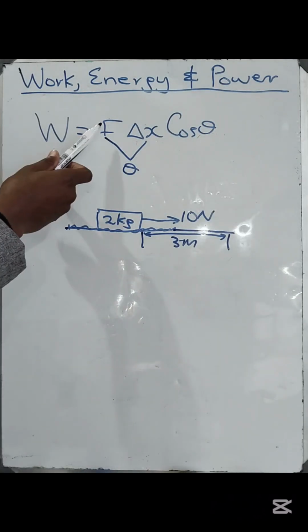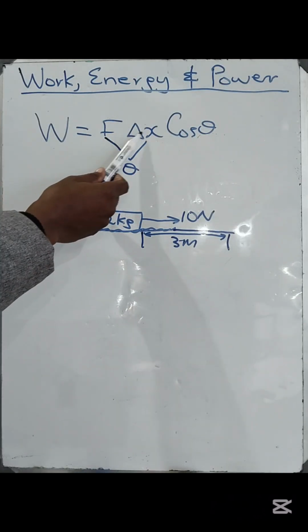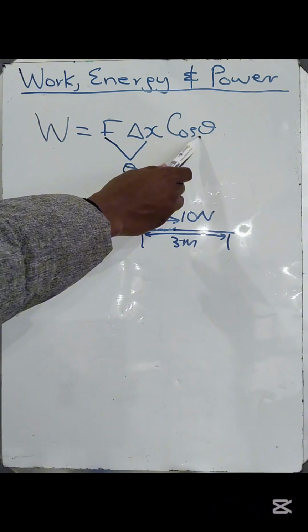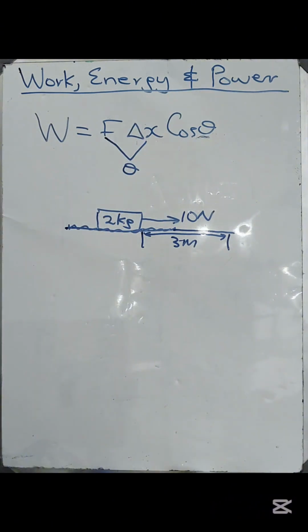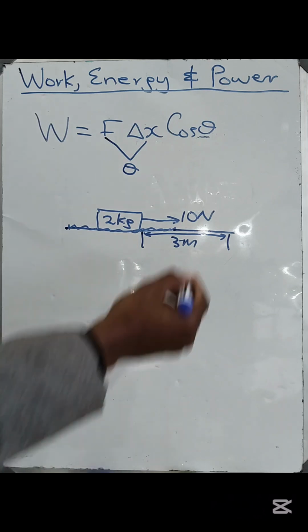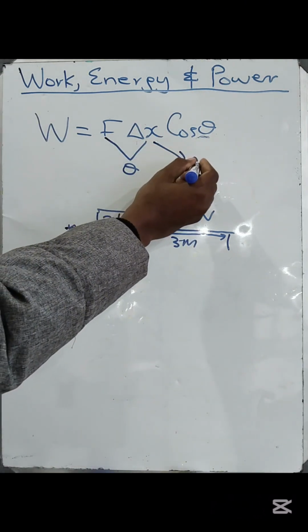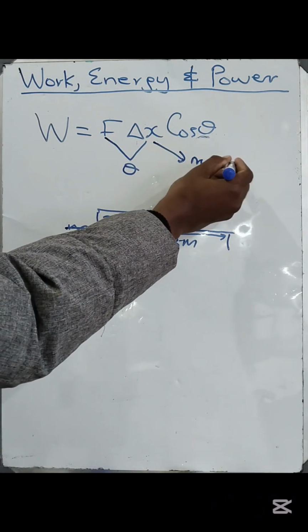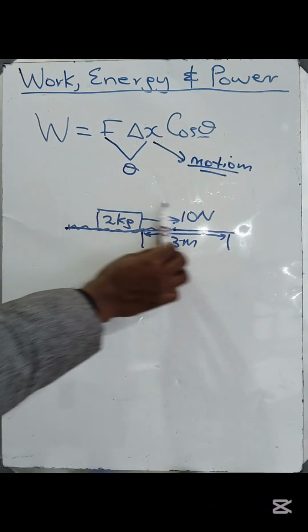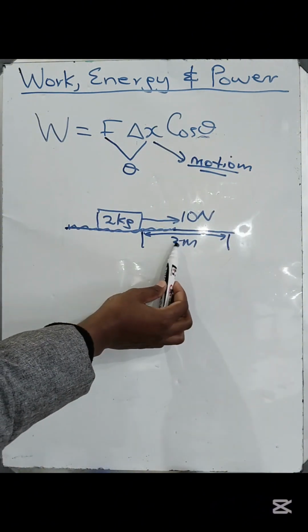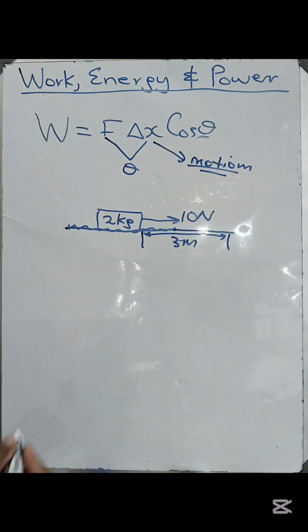Remember, F is the magnitude of the force, delta x is the displacement, and theta is the angle between the force and the displacement. In displacement you must know that it has the direction of motion of the object. In this case, this object shifts in this direction, which means the displacement has that direction.